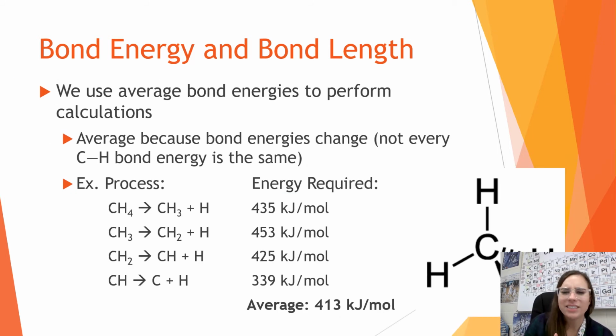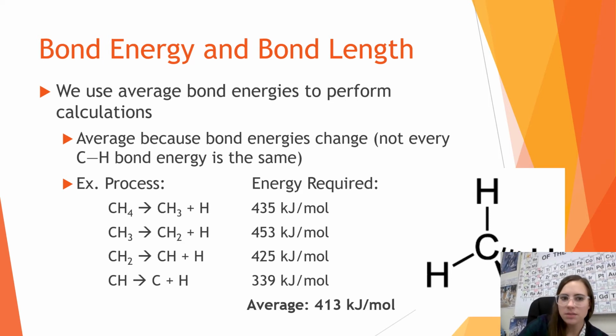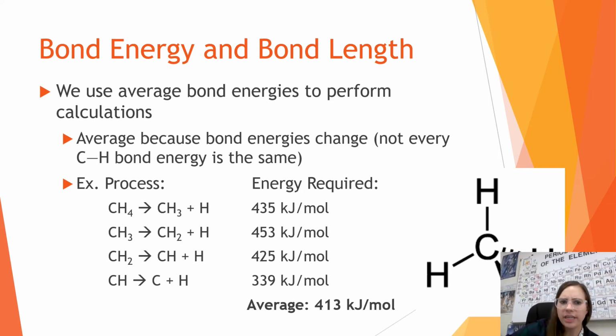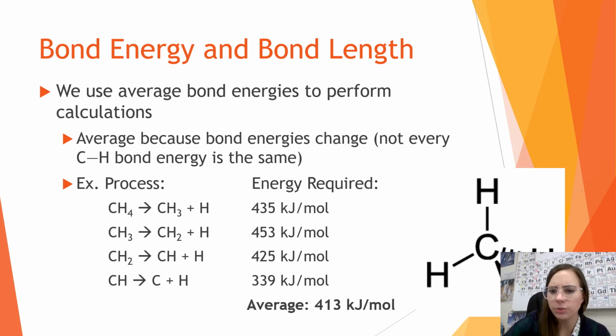So now, why did it say average bond enthalpy? Well, that's because the bond energies slightly differ, even though they're between the same atoms. So for example, when we look at the methane molecule, which has 4 carbon-hydrogen bonds, the energy required to break the first carbon-hydrogen bond, so let's say it was this one here, is 435.